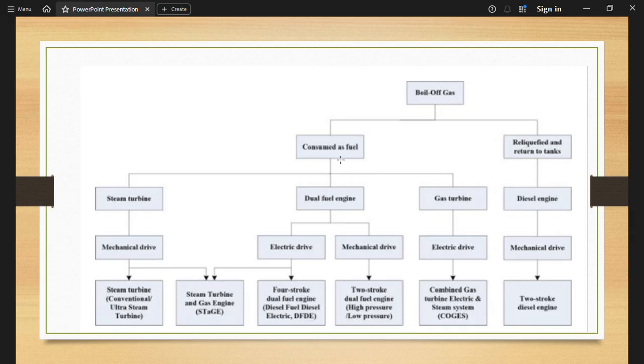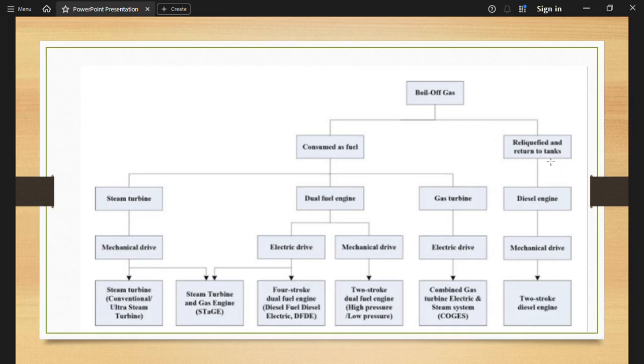Now when we are consuming it as fuel, then we have gas turbine electric drive, combined gas turbine, electric and steam system, that is COGES. Now when we are using the boil off gases in the reliquefaction plant, they are reliquefied and returned to the tank.